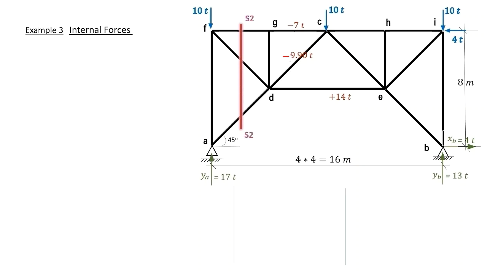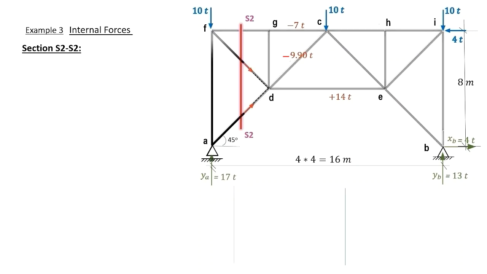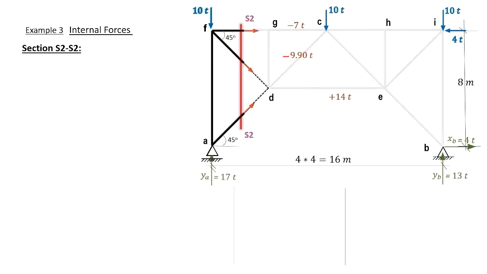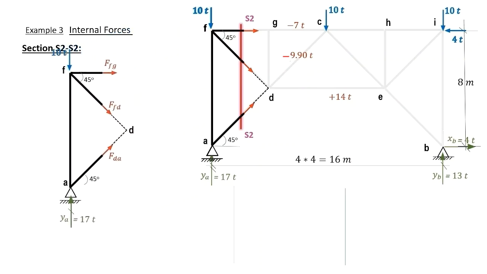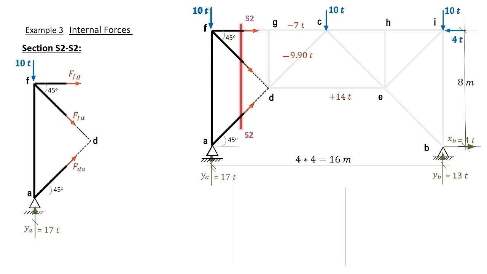We take another section S2, S2, and we extract the left part of section S2, S2 for our computations. FDA is analyzed into a horizontal and a vertical component.